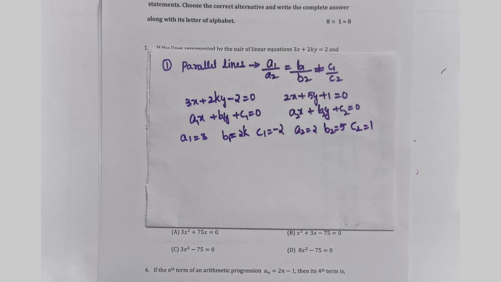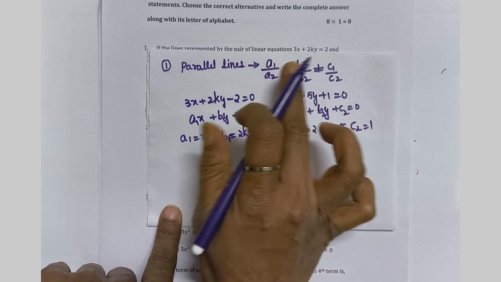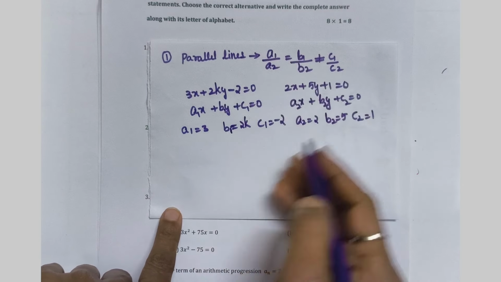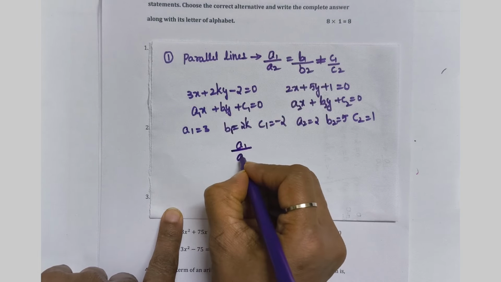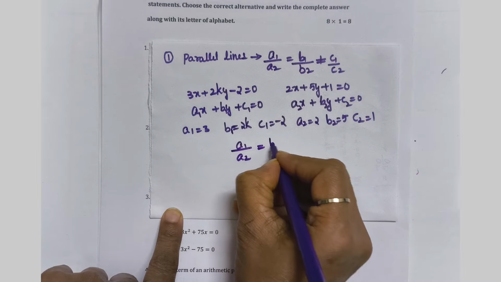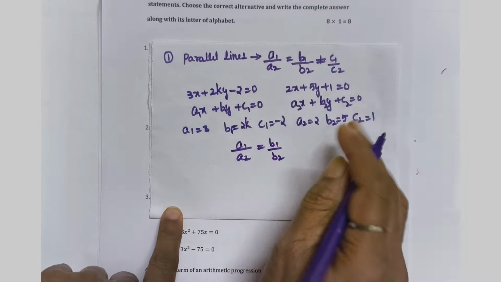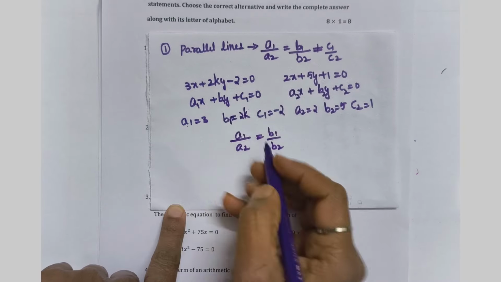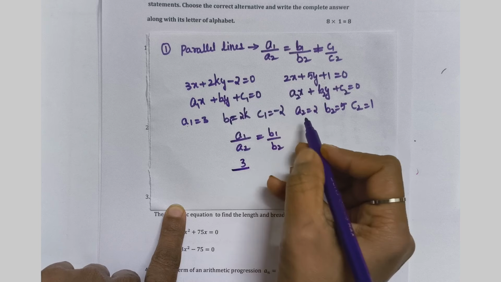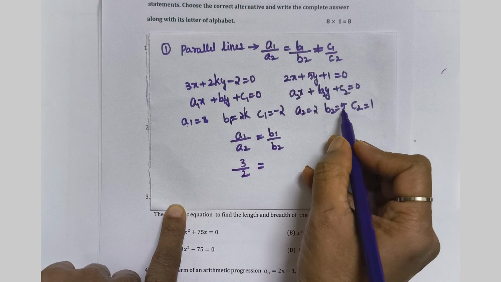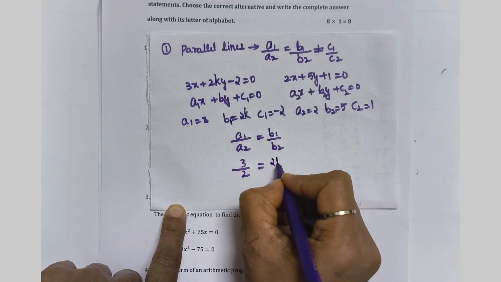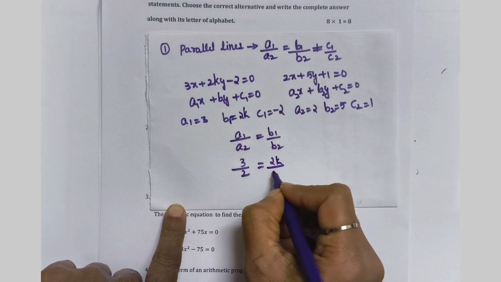After writing this, you observe the equation: a1 by a2 is equal to b1 by b2, both are equal. Now you can apply the values. a1 means 3, a2 means 2, is equal to b1 means 2k, b2 means 5.